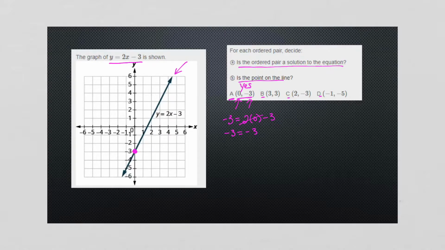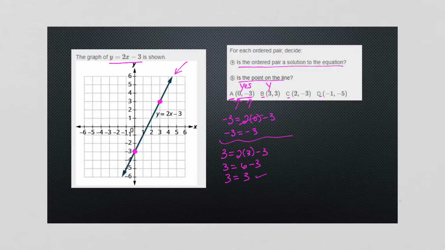Now let's look at point B. Point B is 3, 3. So we're going to go right 3, up 3, and look at that. It's also on the line. We could test that algebraically as well. So 3 is equal to 2 times 3 minus 3. 3 is equal to 6 minus 3. Yep, that one works as well.